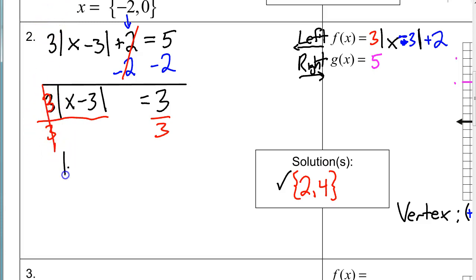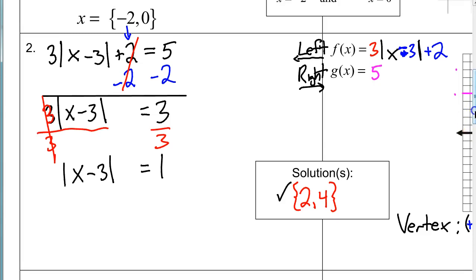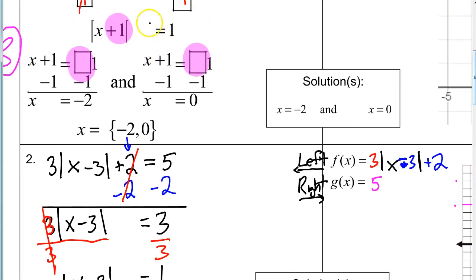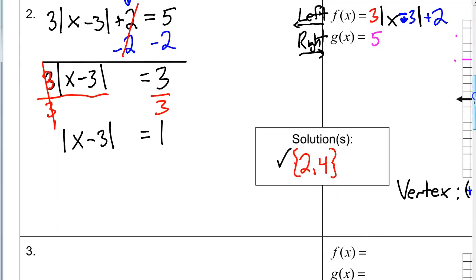Okay, so now we have the absolute value of x minus 3 is equal to 1. Which is pretty similar here. So we have absolute value. So we broke it up into two parts. One with a negative one, because of this, and one with a positive one. So we're going to do the same thing here.